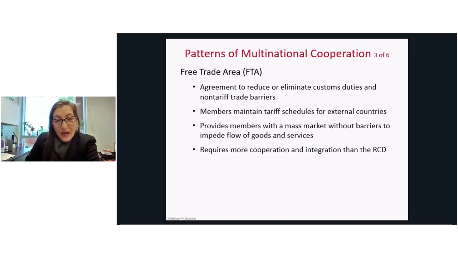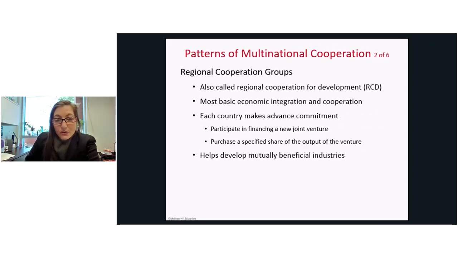Member nations maintain tariff schedules for external countries, and it provides members with a mass market without barriers to impede the flow of goods and services. So it requires cooperation and integration more so than the regional cooperation groups.